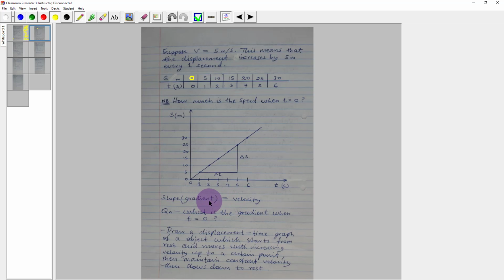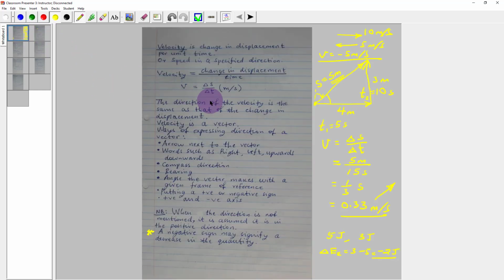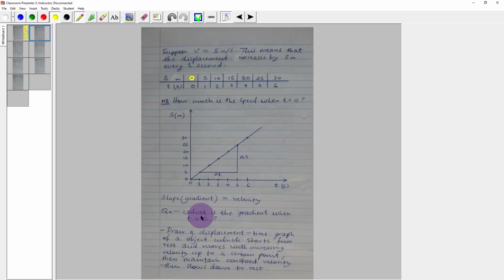The slope of the graph is going to represent the velocity, because you can see it is change in displacement divided by change in time. And when you look at the definition of velocity, it's change in displacement over change in time. And over here we've got the gradient calculated the same way, change in displacement over change in time.